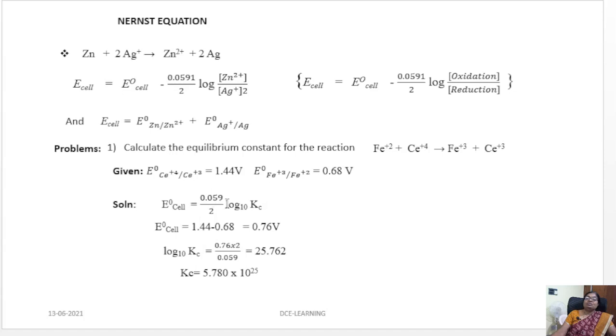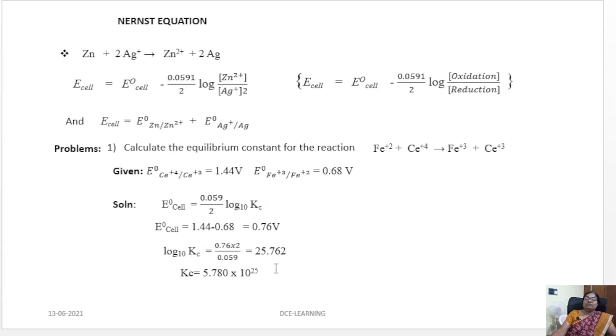Solution: from the previous cell, we already know the equilibrium constant relation. E cell is equal to 0.059, because the standard potentials are given. Therefore E cell is equal to 0.059/n log10 Kc. E cell, you already know, is 0.76 volts.